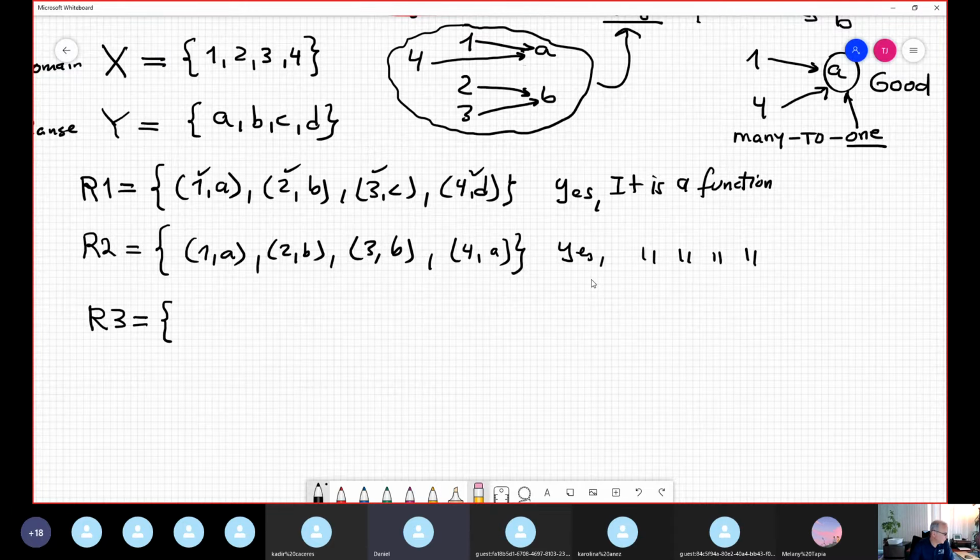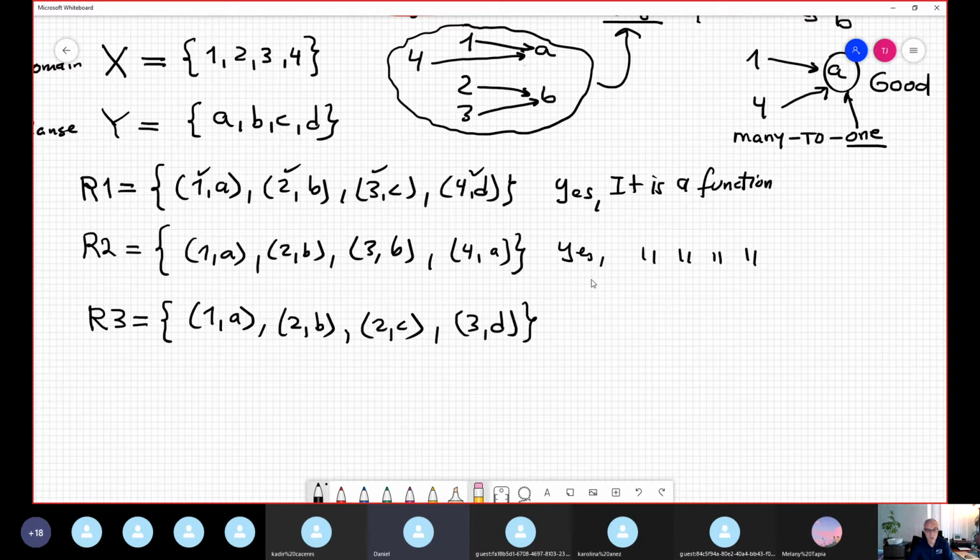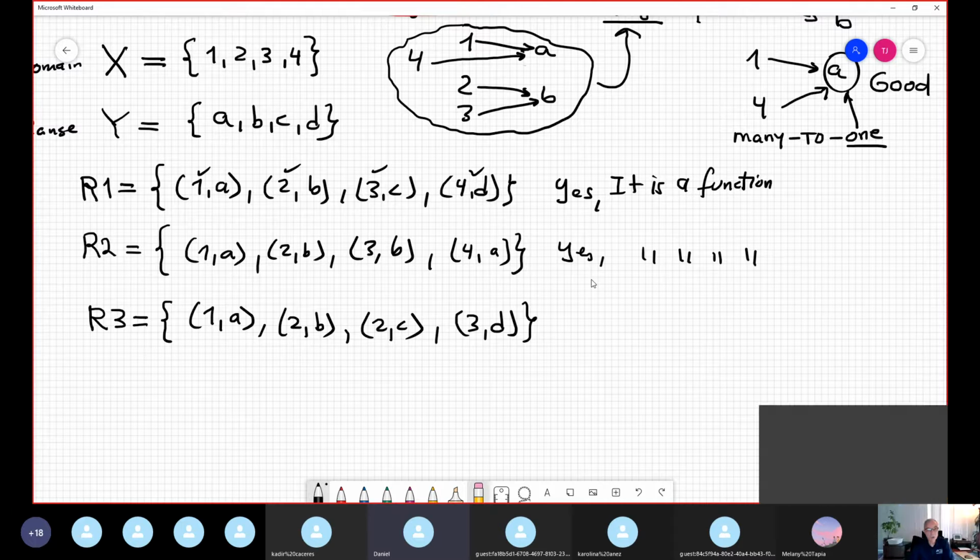In relation 3 we have 1 comma A, again repetition, this first pair; 2 comma B, the second; the same 2 comma C; and 3 comma D. Is it a function or not? No! What is the problem?